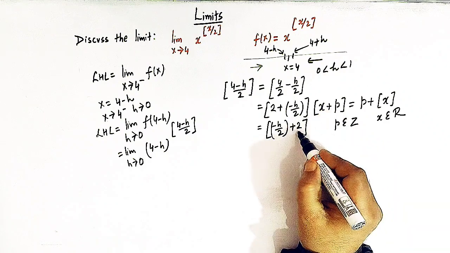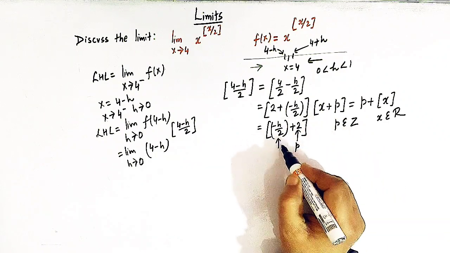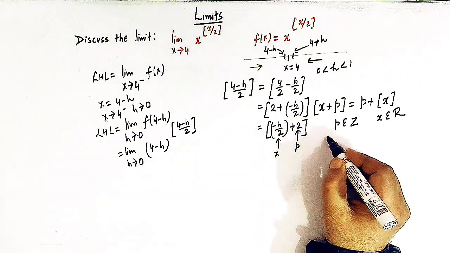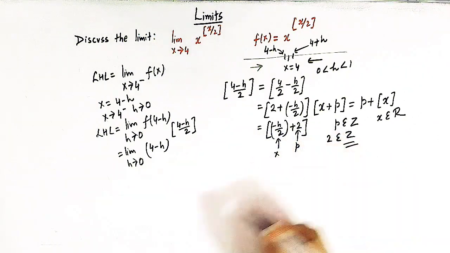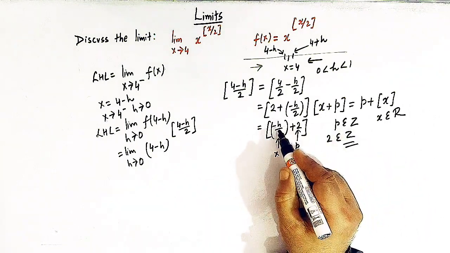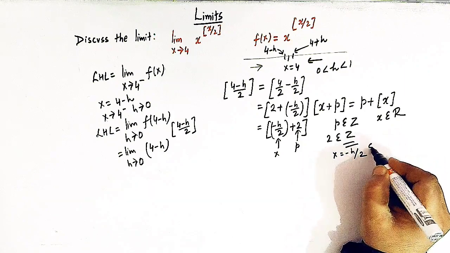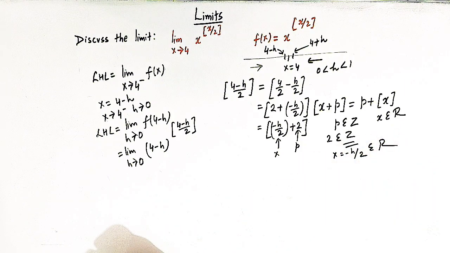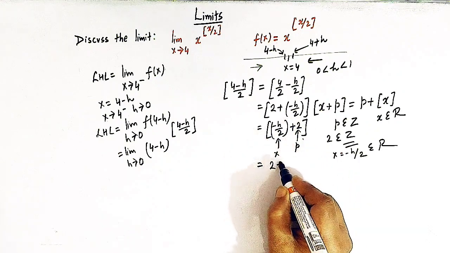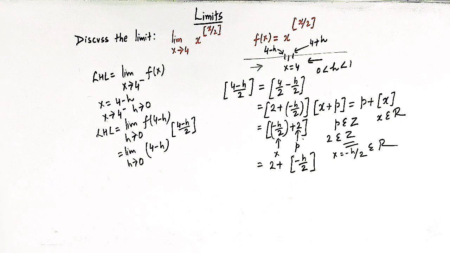Okay, so now our p is 2, and our x is minus h over 2, because this 2 obviously belongs to the set of integers, and here x is minus h over 2, and this belongs to the set of real numbers, right? So we can now write this expression as 2 plus greatest integer of minus h over 2, right?